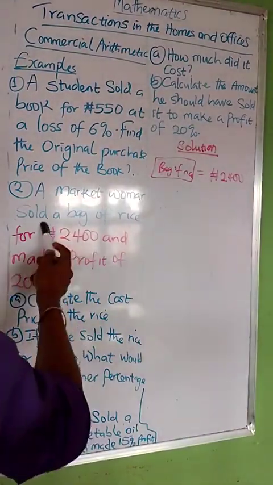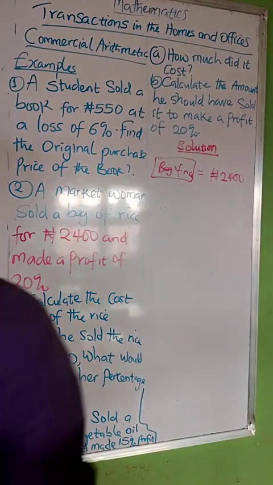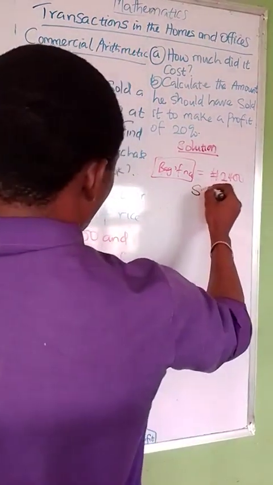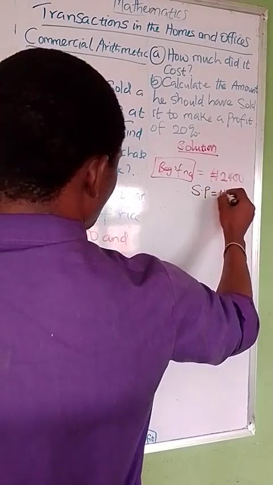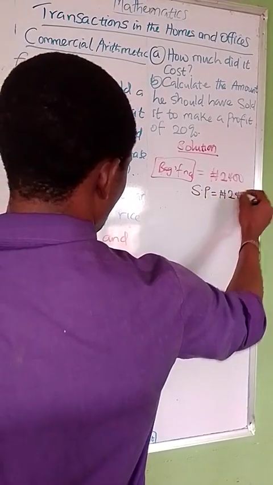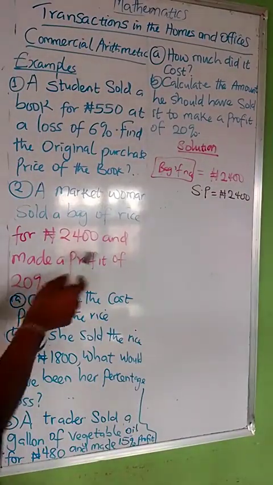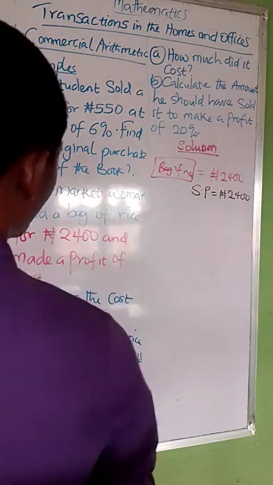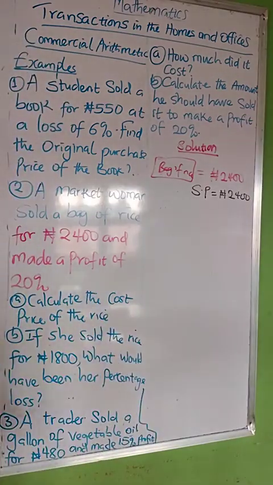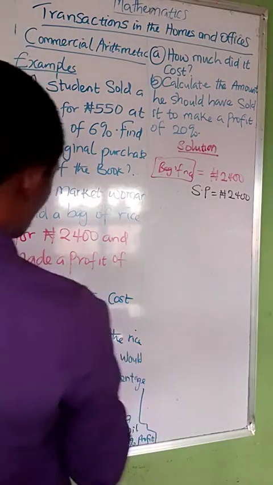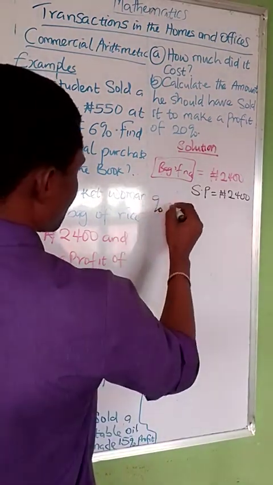What are we going to call that? That's the selling price. So she sold at 2,400 and made a profit of 20%. So that's the percentage profit.